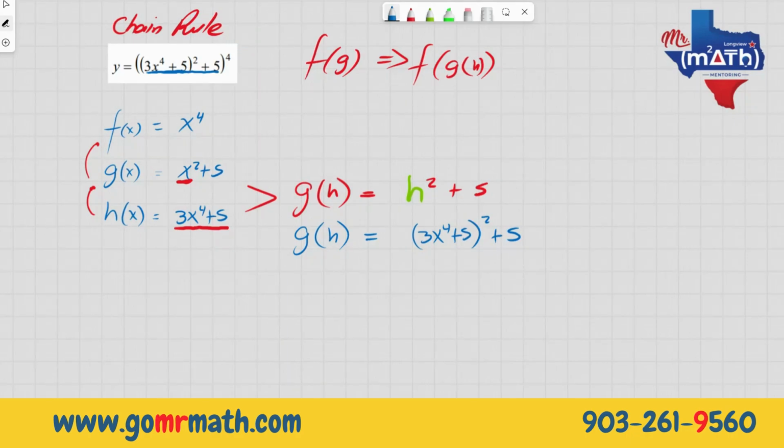Okay, so now that we have g of h, let's create the composition with f. What happened when we say f of g of h? Okay, what I'm saying is on this x to the 4, this x of f of x, instead of being x to the 4, replace it with g of h, whatever is equivalent to g of h.